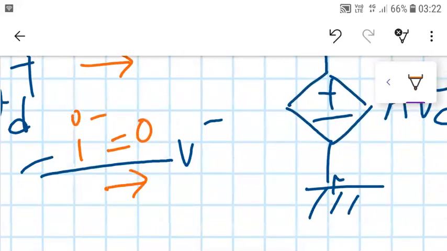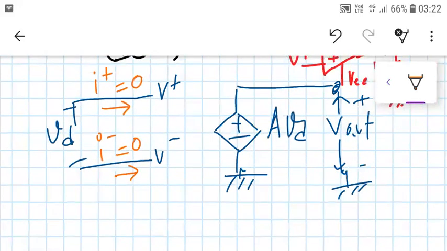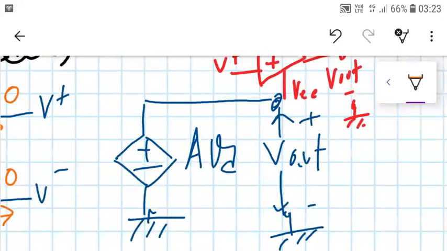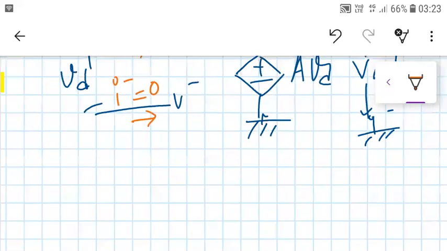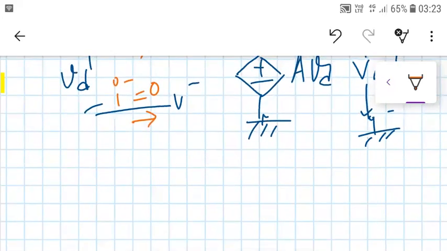So no current is flowing into the input terminals of the op-amp. What does that mean? The op-amp itself doesn't take any current, and that means it has very high input impedance. That's a very good advantage. Also at the output side, we don't have any impedance, so it has around zero output impedance. That's a few of the ideal op-amp properties.